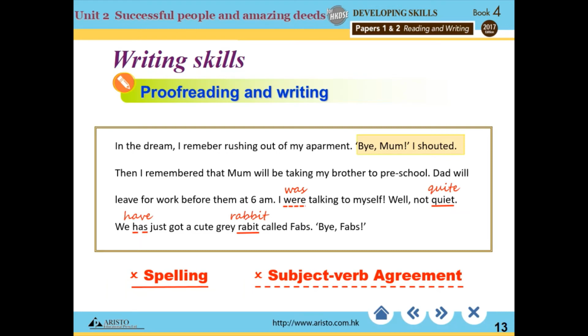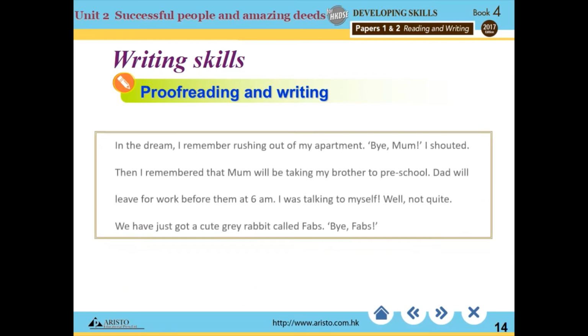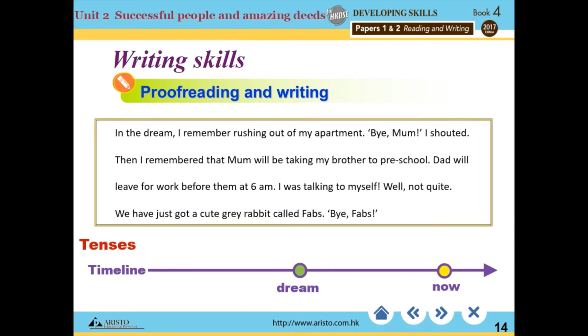Now we're looking at the first sentence in this passage, and we can spot that remember is missing an M and apartment is missing a T, so we'll make changes accordingly. Now let's check the same passage for mistakes in tenses. To check for tenses, you need to see the flow of ideas, so it's easier to start from the beginning to the end.